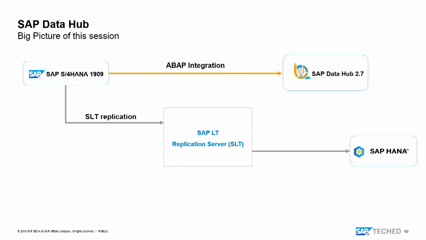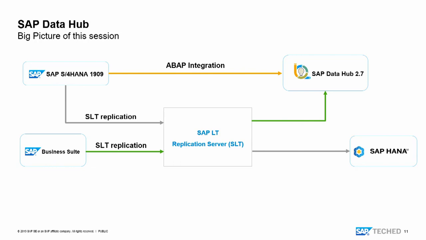If we want to interact with an SAP S/4HANA system of release 1909 from SAP Data Hub, we need an SAP Data Hub 2.7 release, and we can then communicate with the system via the ABAP integration directly. This is what we just released last month in September. Anything that deals with SAP systems of a lower release, like an S/4 system 1809 or an ERP system, we realize via SLT.